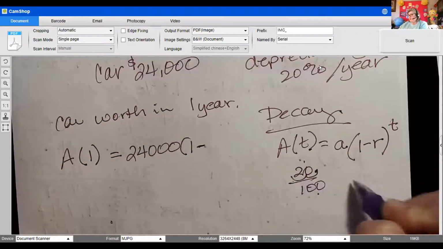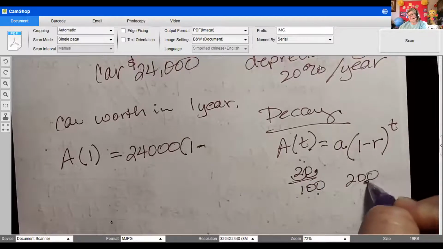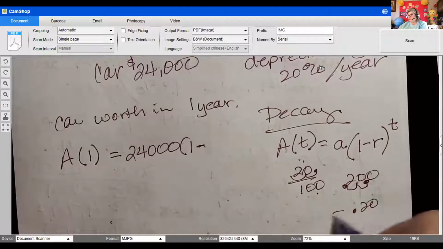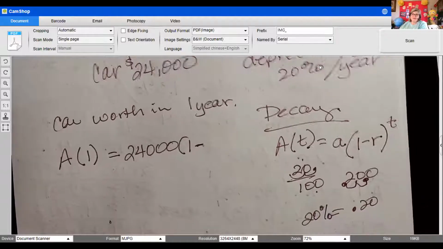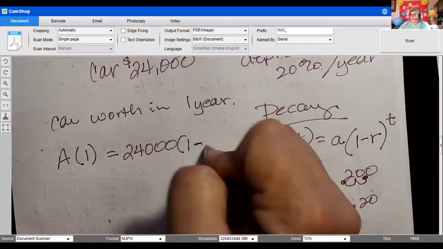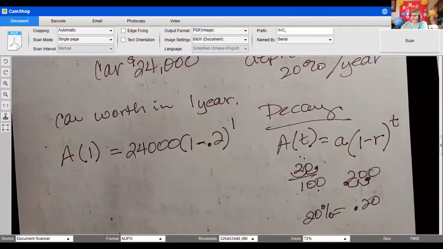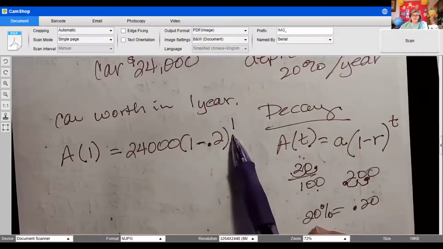Move the decimal to the right 1, 2. So 0.20 is equal to 20%. So 1 minus 0.2, and then we're just going 1 year into the future. That's our t, which is 1.